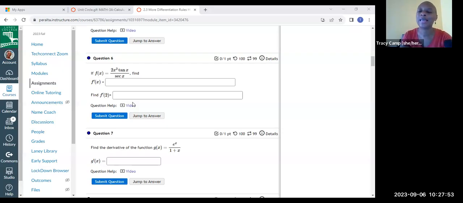The reason I emphasized those words times and over is because the times part tells us we have to use the product rule, and the over part tells us we have to use the quotient rule. So let's go ahead and do this one. I'll write it down in my iPad.